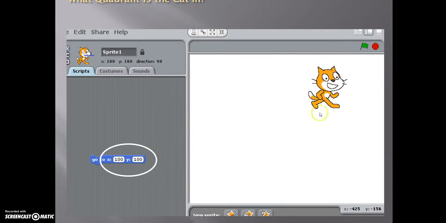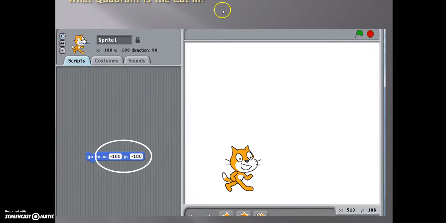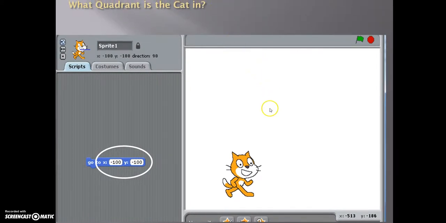Like right now, it's off-center, so it went 100 and 100. What quadrant is the cat in right now? That's correct. Quadrant 3.